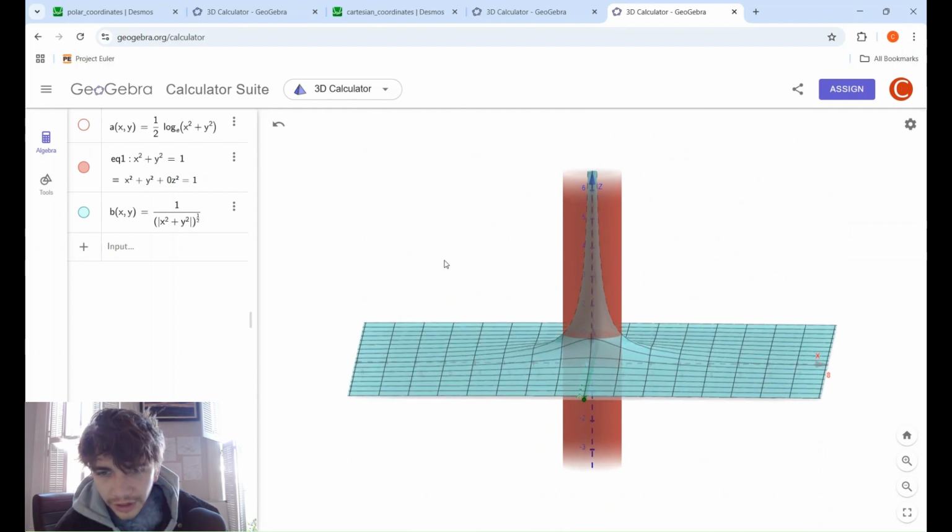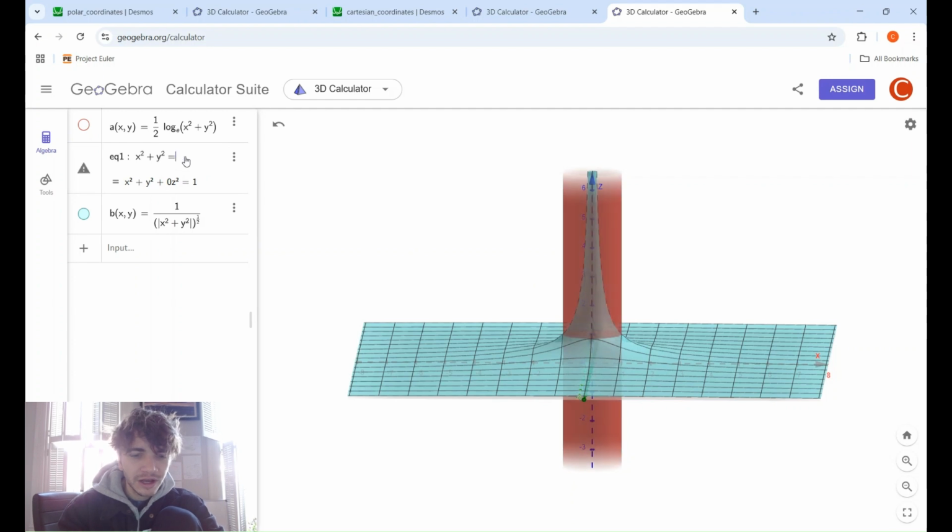this graph. Okay, so first of all, let's note that if we take the volume under this surface and we look at the volume that's cut out by a cylinder of arbitrary radius, so let's say I just change this cylinder to have a radius of 2, let's say.